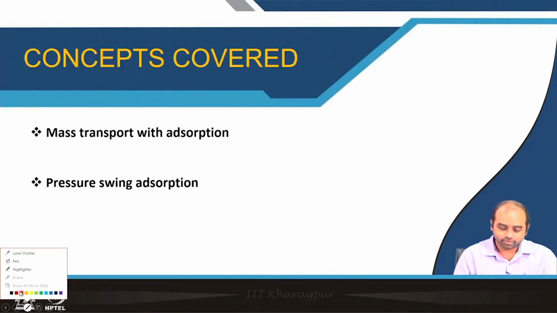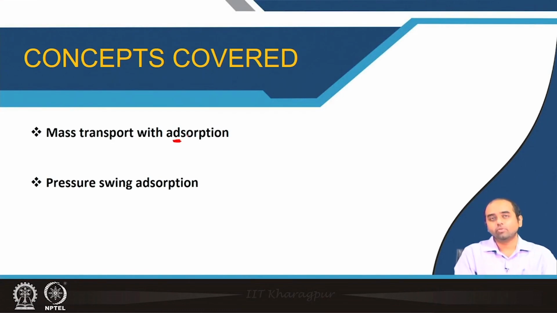So if you are able to separate out or adsorb most of this nitrogen, then the final stream would be enriched with oxygen, and it is possible that you get a very high fraction of oxygen in the output.